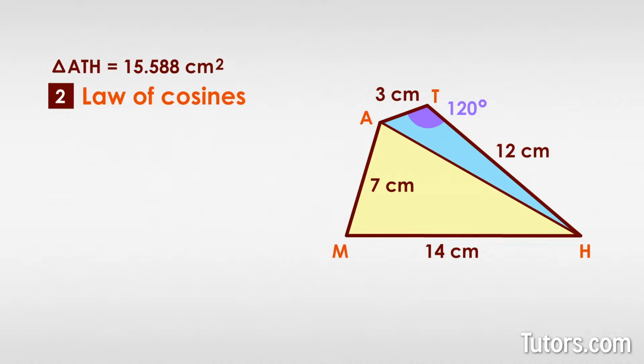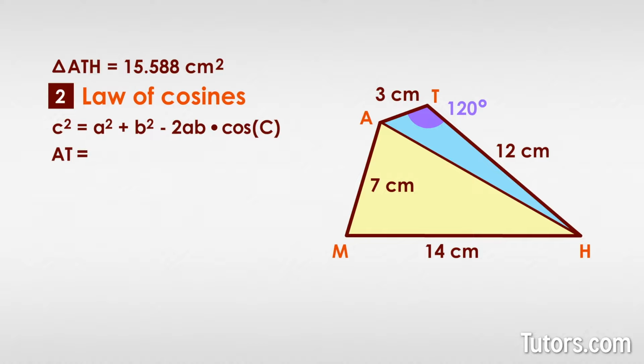Next, we will use the law of cosines to calculate the unknown length of diagonal AH. First, we'll recast the formula using our labels, keeping in mind the sides of our triangle can be represented by the lowercase versions of their opposite angles.